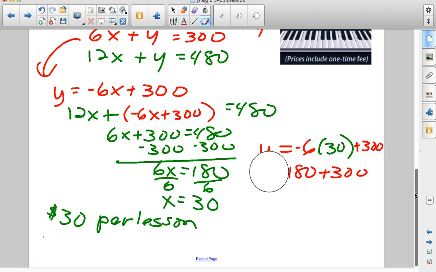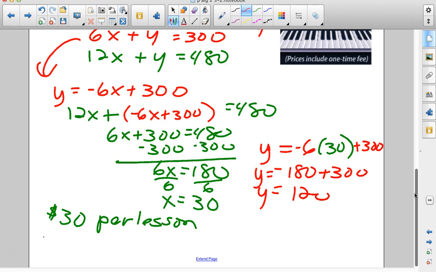Stuck in my equal sign. So how much is the one time? 120. So $120 one time fee.